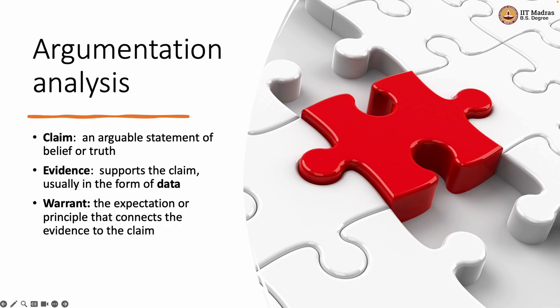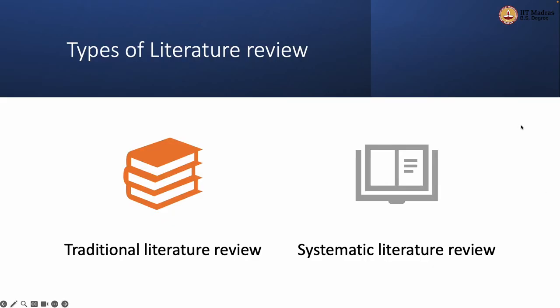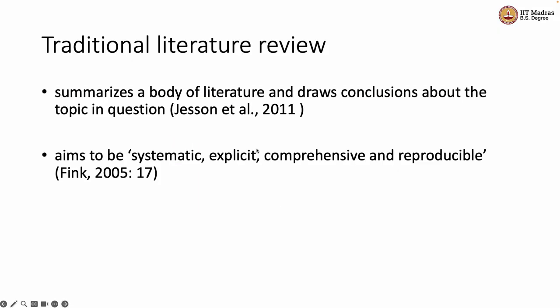So in terms of literature, there are different types of literature review. They have the traditional literature review and the systematic literature review. The traditional literature review is where you read about the literature and then you have a conclusion about the topic of the research.